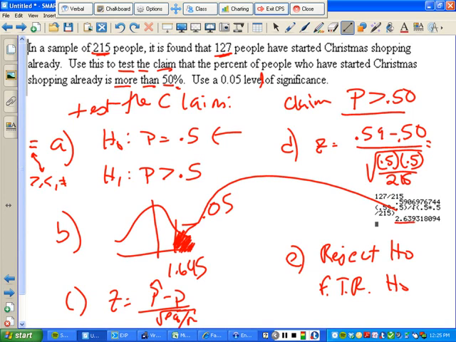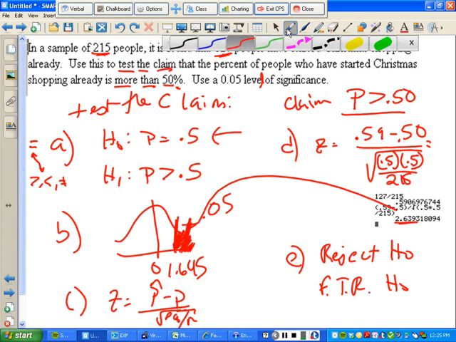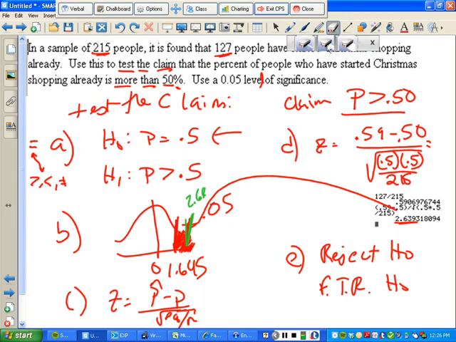Where does 2.64 fall? Here's 0, here's 1.6, and 2.6 is even further than that, right? So 2.6 is over here somewhere. Maybe if I use a different color, it'll help. Oh, much clearer. There's your 2.64. So do you reject or fail to reject H0? Well, it's in the rejection region, so you will reject H0.